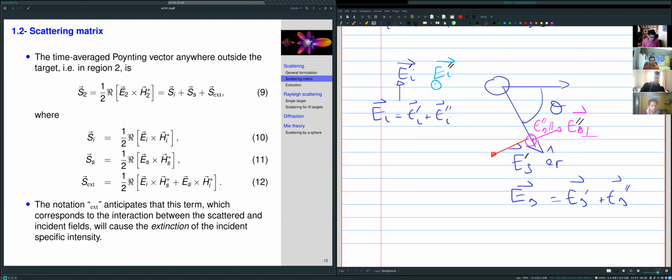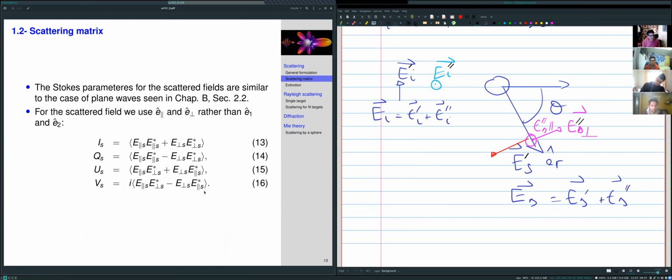This is literally a crosstalk, or if you want, the interference between the incident and scattered fields. It just comes out of this formula when you work it out. You can easily identify the incident and scattered fields, and you have this extra term with mixed terms. We call it Ext because it causes extinction.